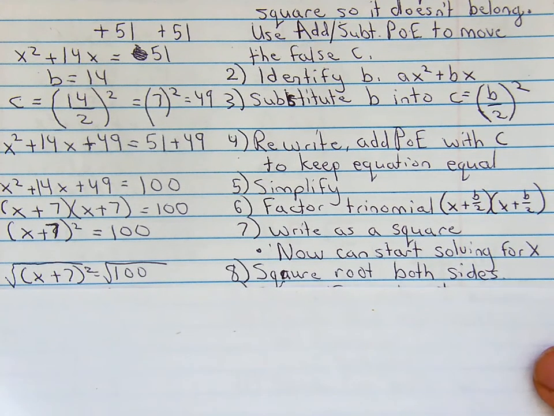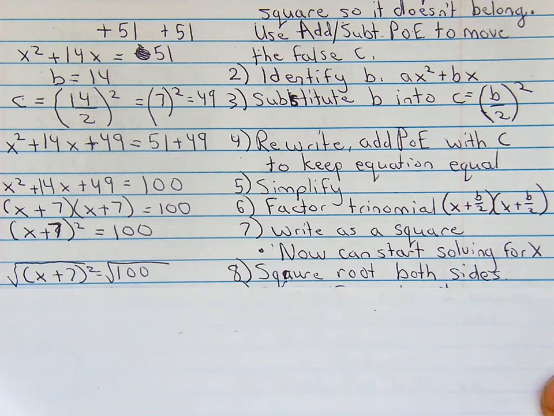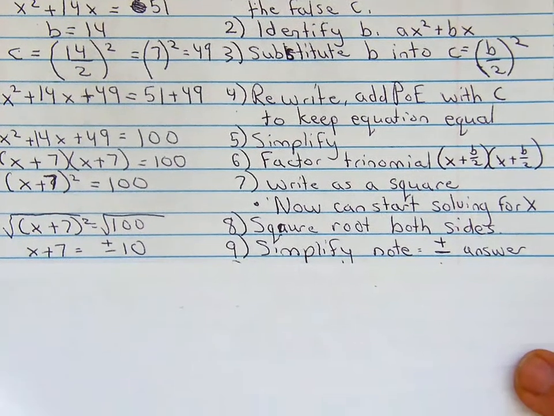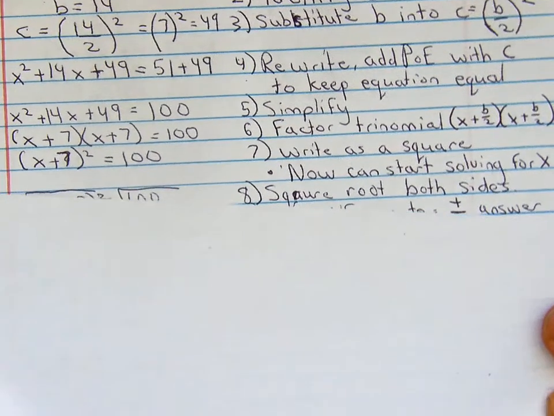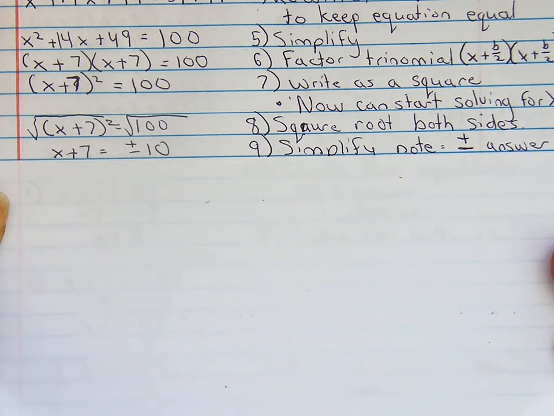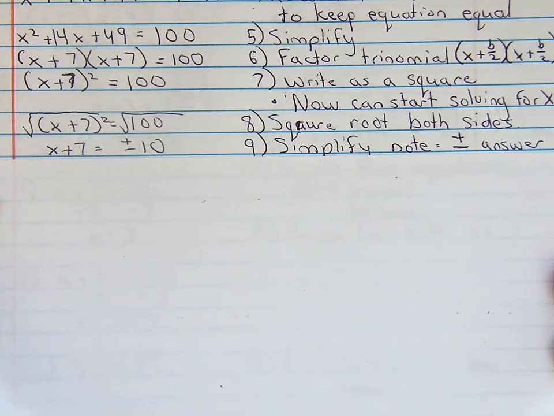And I do that by taking the square root of both sides, because since that's squared, I have to square root both sides. And that gives me plus and minus the square root of your answer.